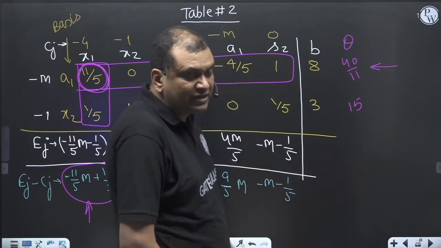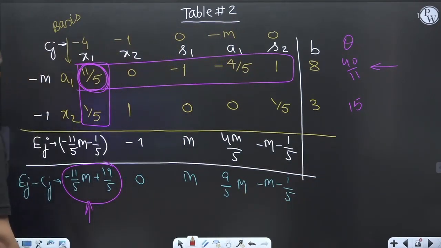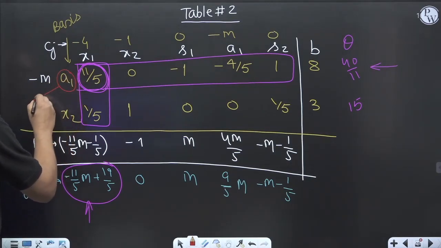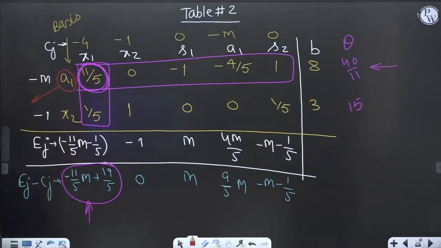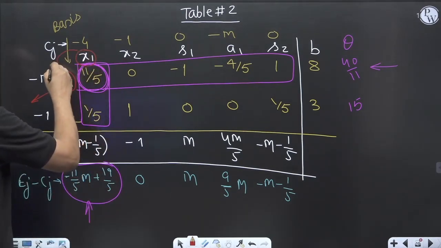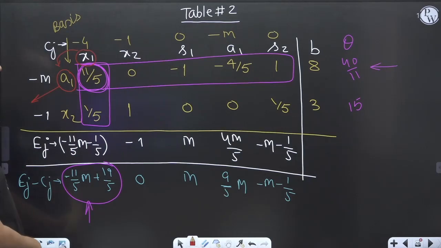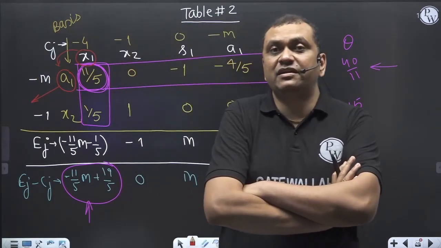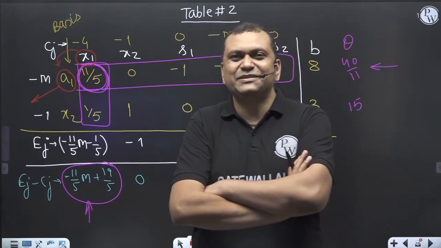It's a very, very important statement. Our conclusion is: A1 leaves the basis, and in place of that x1 enters into the basis.